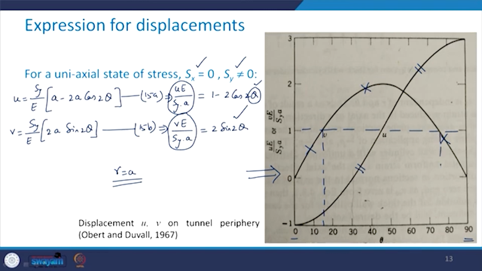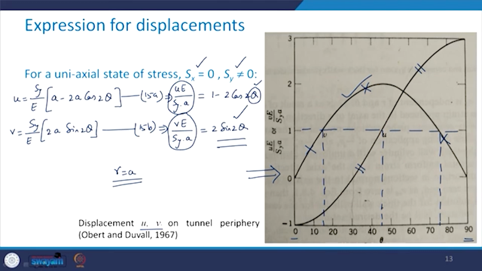Similarly for theta equal to 75 degrees, this v will work out to be 1, and for 45 degrees your u will work out to be 1. So this is how you keep on substituting the value of theta in these expressions and you will be able to get this variation of the displacements u and v on the tunnel periphery.